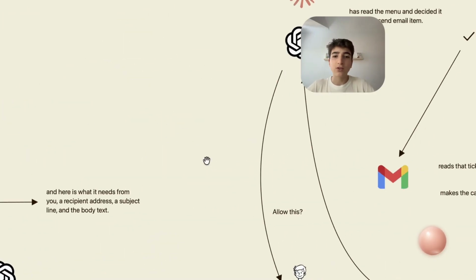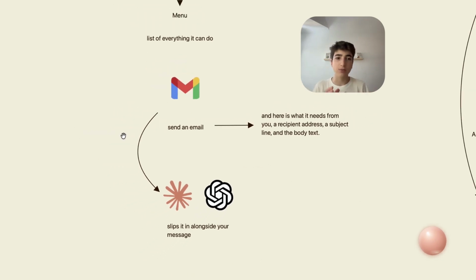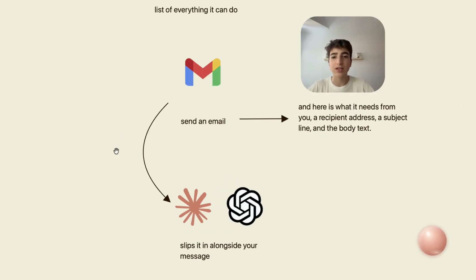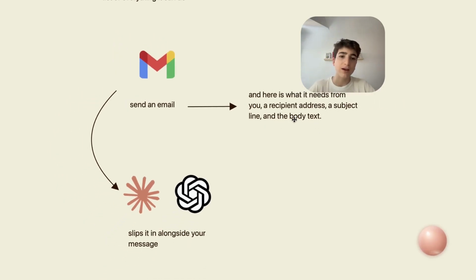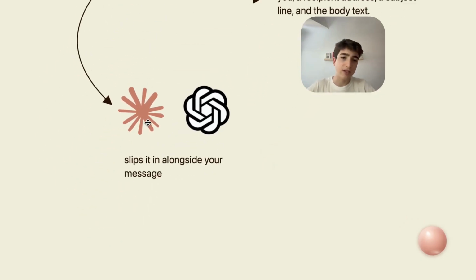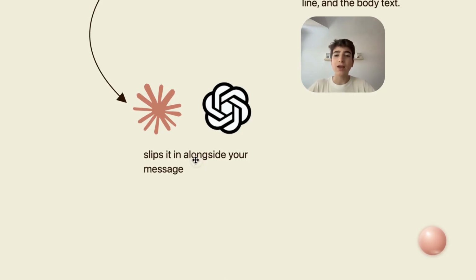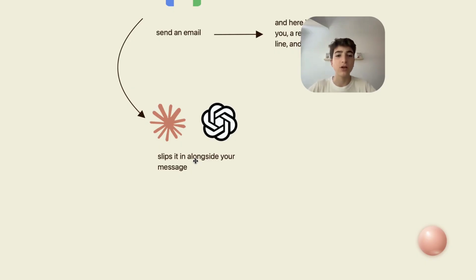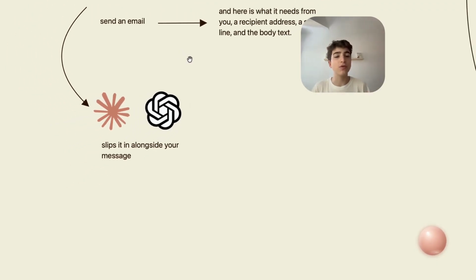Let's use the Gmail example. The Gmail connector's menu might have an item that says send an email. Here's what it needs from you: a recipient address, a subject line, and the body text. It sends that to Claude or ChatGPT, the AI chatbot, and slips it alongside your message. The chatbot reads what the tool said and works out from that whether it's the right tool for what you asked.